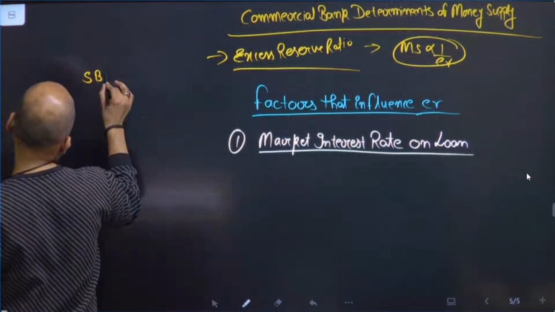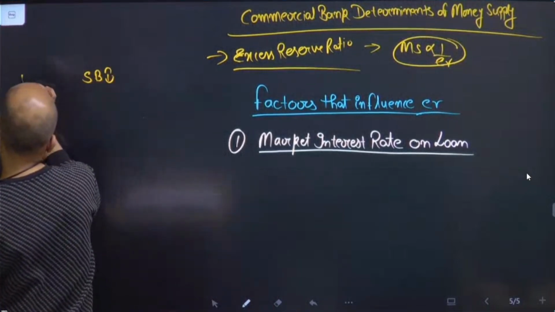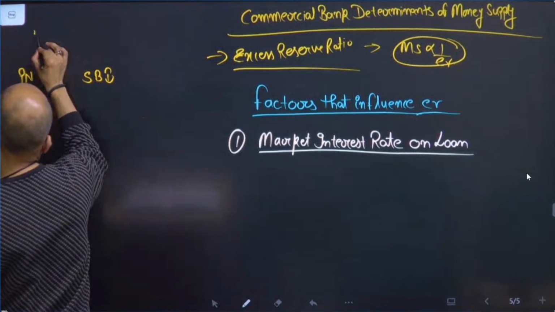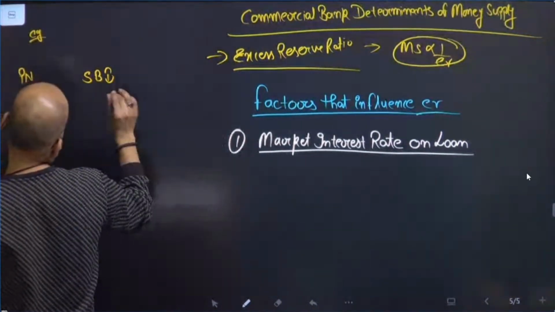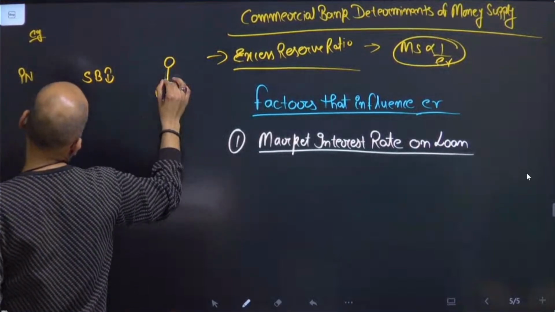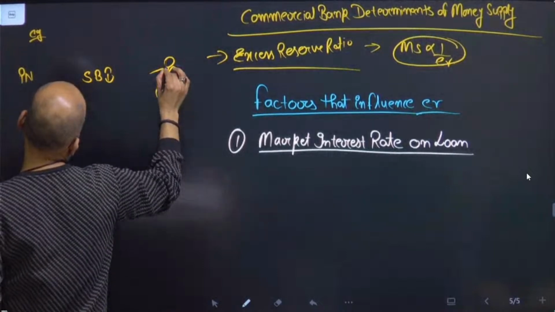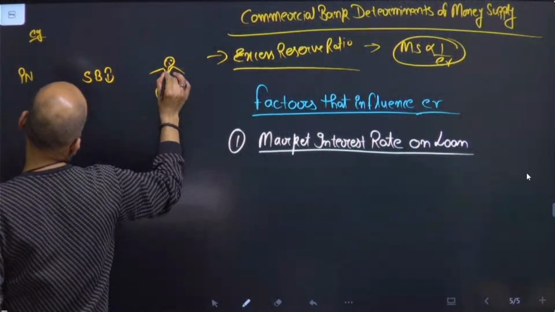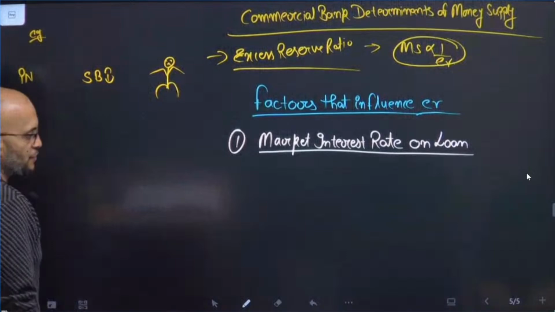So SBI, PNB, this is an example for this. And this is you, customer.